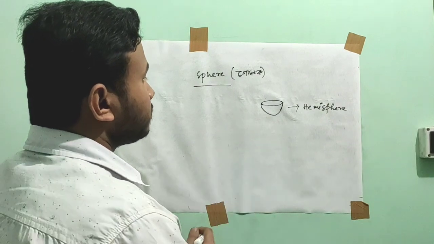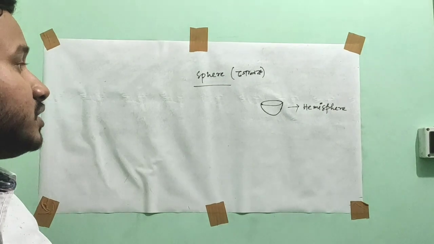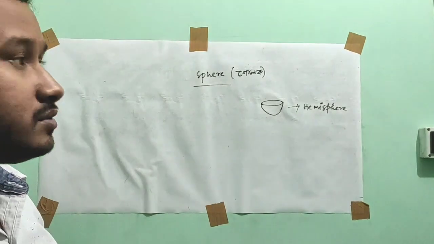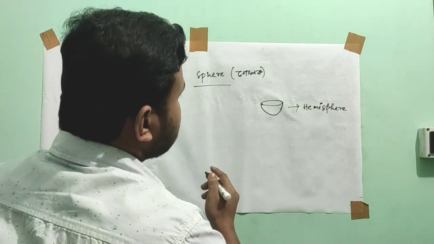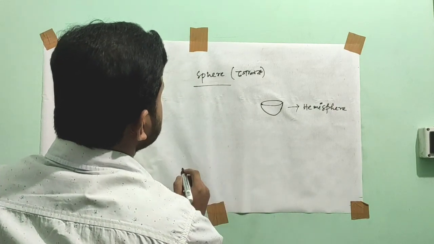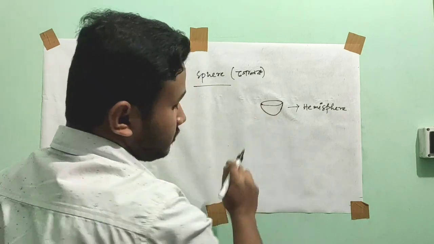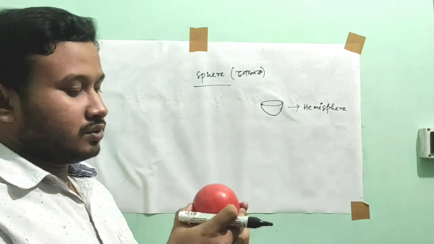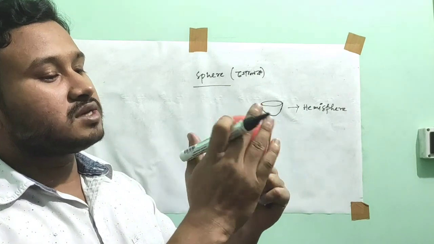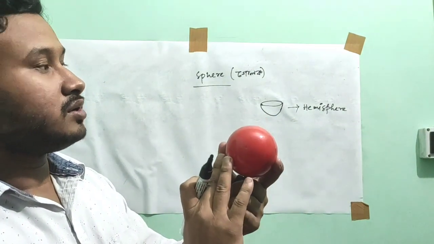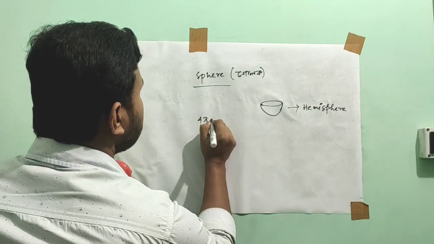Okay, so there are some basic formulas that we need to understand and remember. Now, to measure the whole surface area of this ball, we have a formula called 4 pi r square.